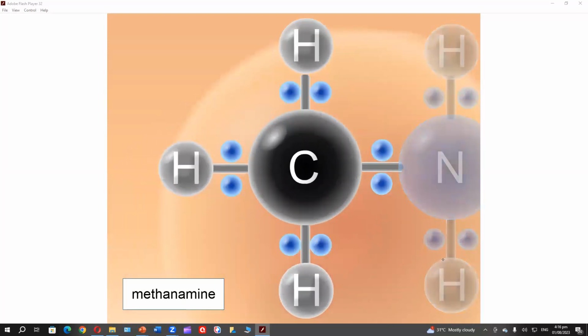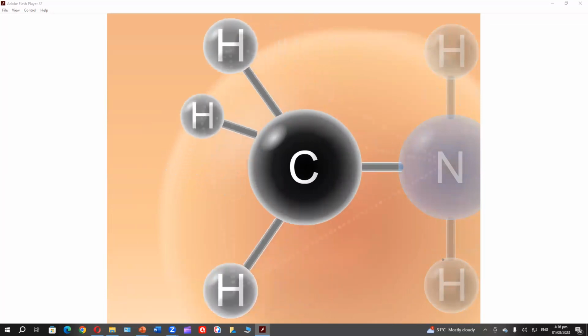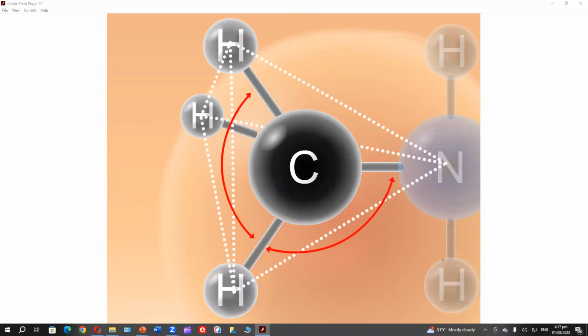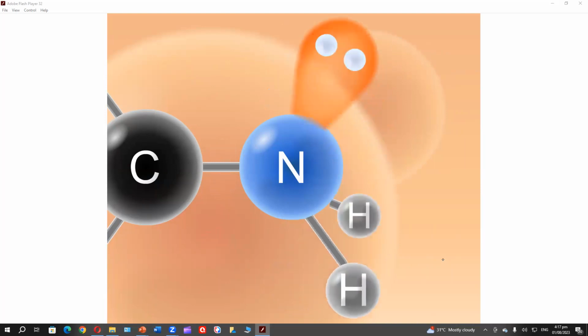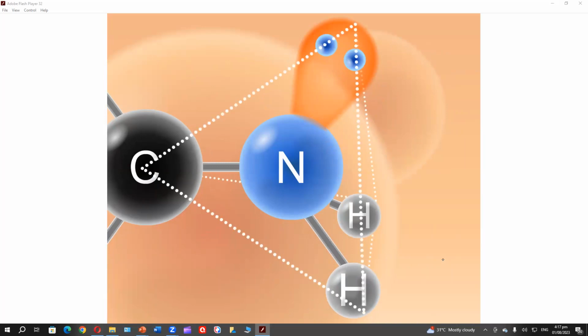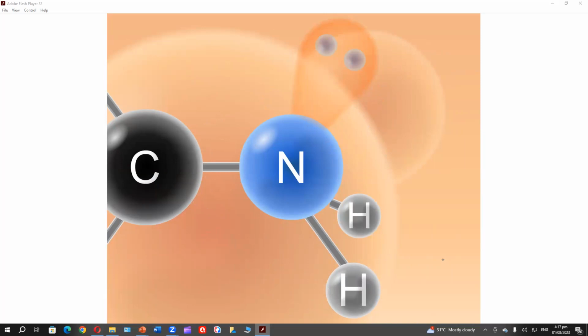There are 4 bonding electron pairs around the carbon atom. Therefore, the geometry of this atom is tetrahedral, with hydrogen-carbon-hydrogen and hydrogen-carbon-nitrogen bond angles of about 109.5 degrees. There are 4 electron pairs around the nitrogen too, but one of them is the lone pair. A tetrahedral arrangement of the 4 pairs results in trigonal pyramidal geometry of bonds around the nitrogen atom.